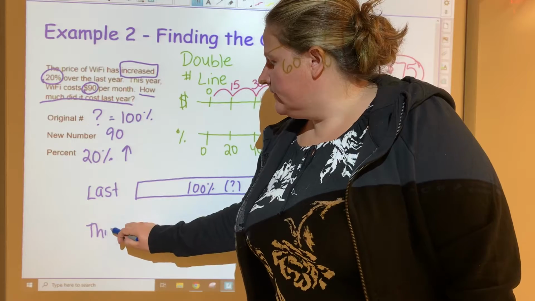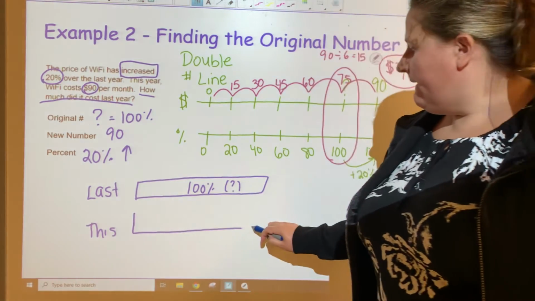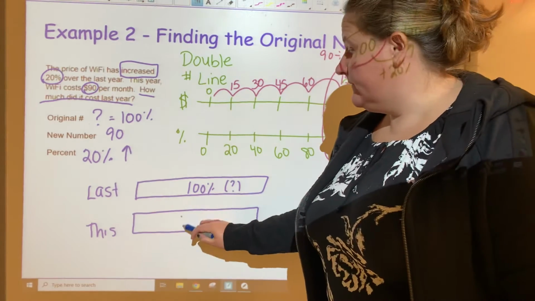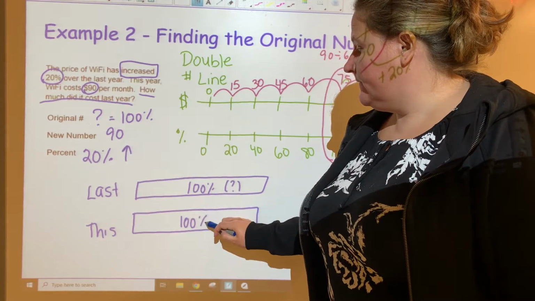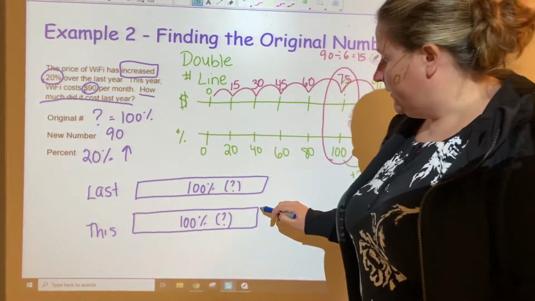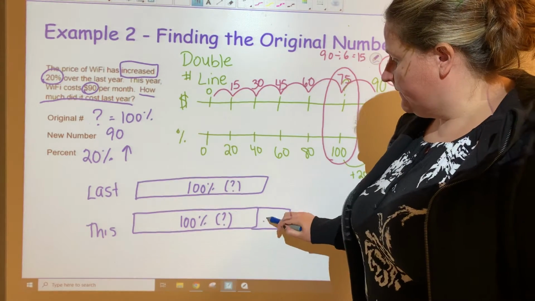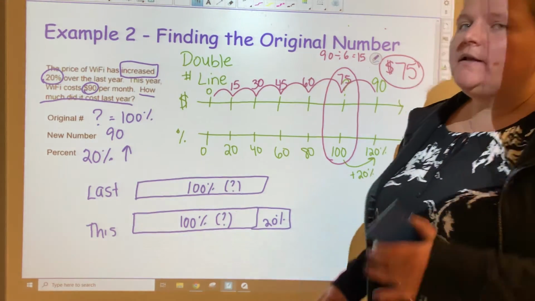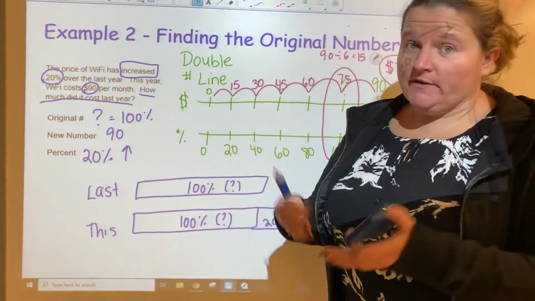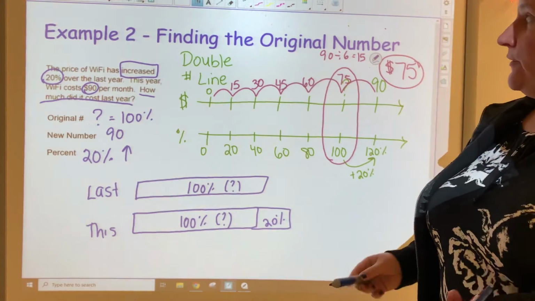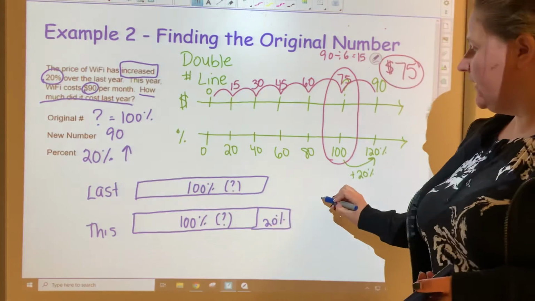This year, I have that 100%, but I still don't know, but I'm adding to it 20%. Now I can't make that jump and just do 20% times something to find that part because I don't know what that thing is. So this is where you're going to want to use an equation.